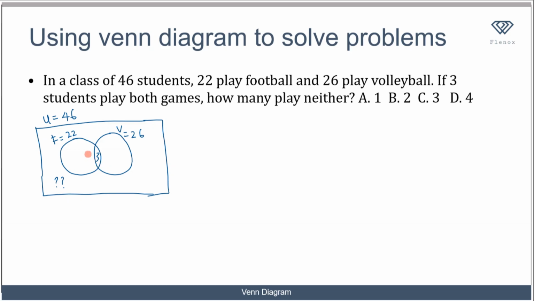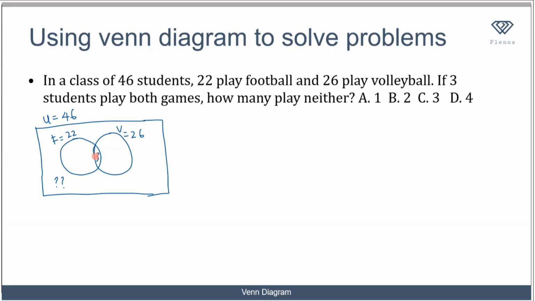Now I know that the total number of students that play football is 22, but out of those 22 that play football, 3 of them also play volley. So what does that tell me about the students that play football alone?